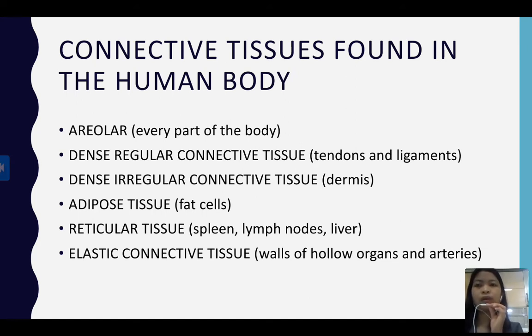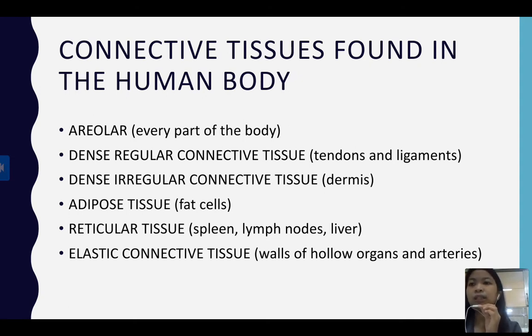Alam naman natin that tendons connect bones to muscle and ligaments connect muscle to muscle. So kailangan strong yung tissue na nandun. So tendons and ligaments are made of dense regular connective tissue.